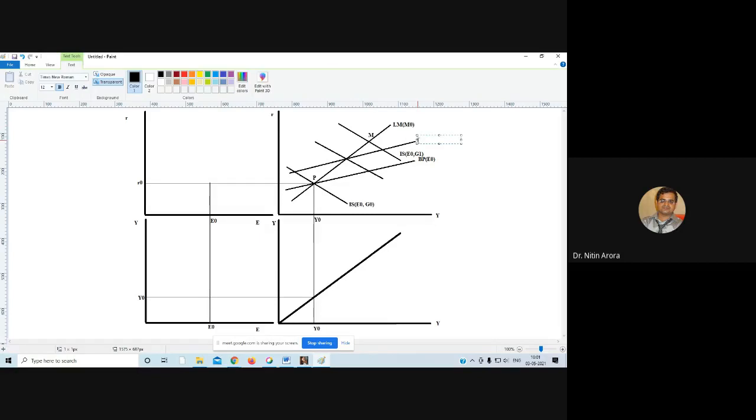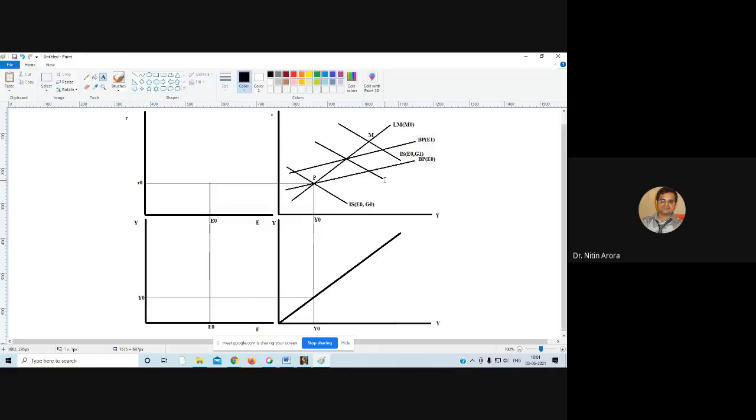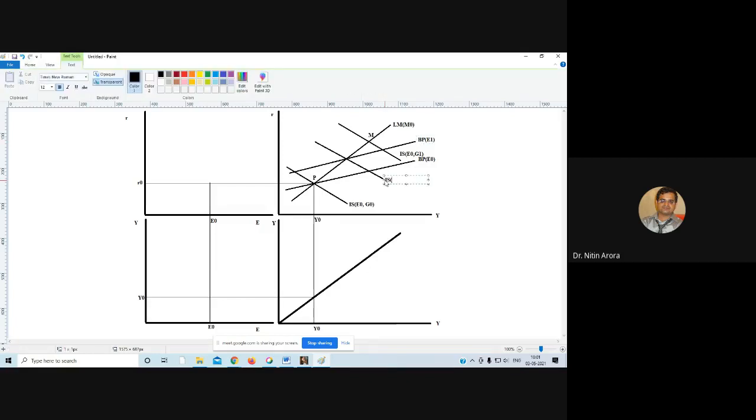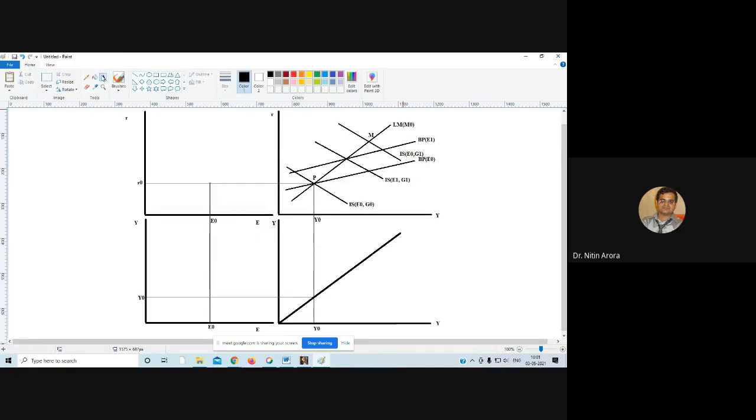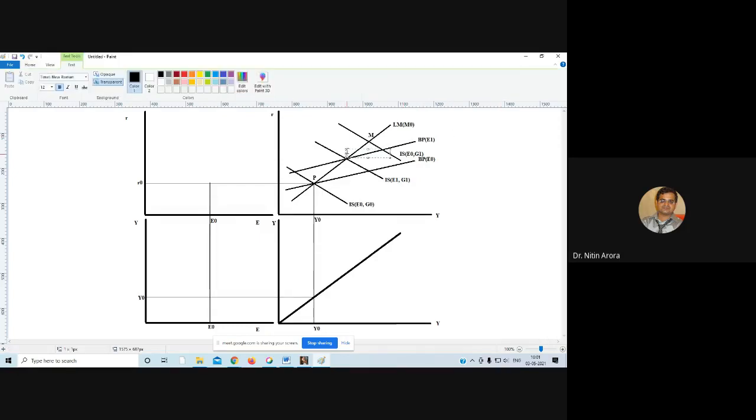So this is my BP with exchange rate E1, and this is the new IS curve with exchange rate E1 and G1 public expenditure. So my final equilibrium exists at point N. Okay.